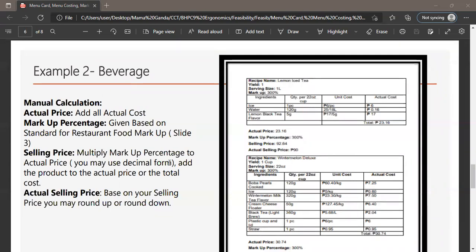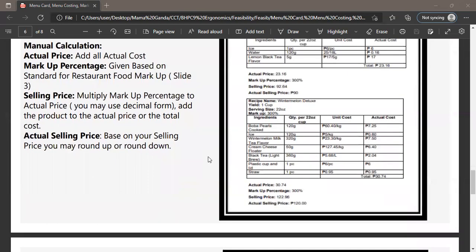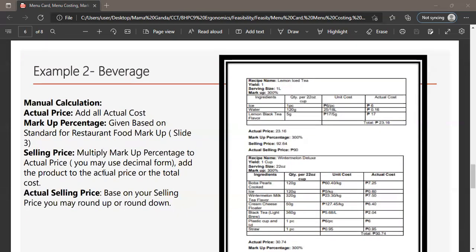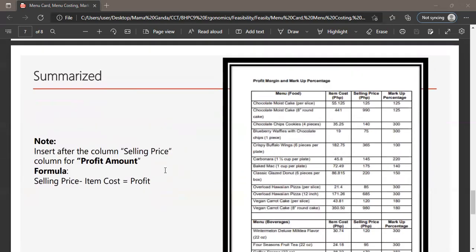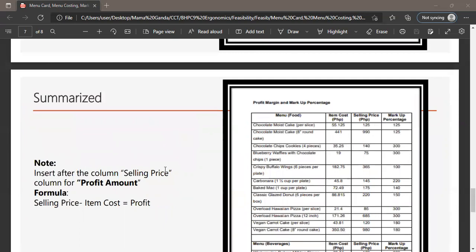So same explanation with the beverage menu costing. The only difference is that, based on slide number 3, we use up to 575% markup percentage. Okay, and then also you need to include the summary for the profit margin, markup percentage.